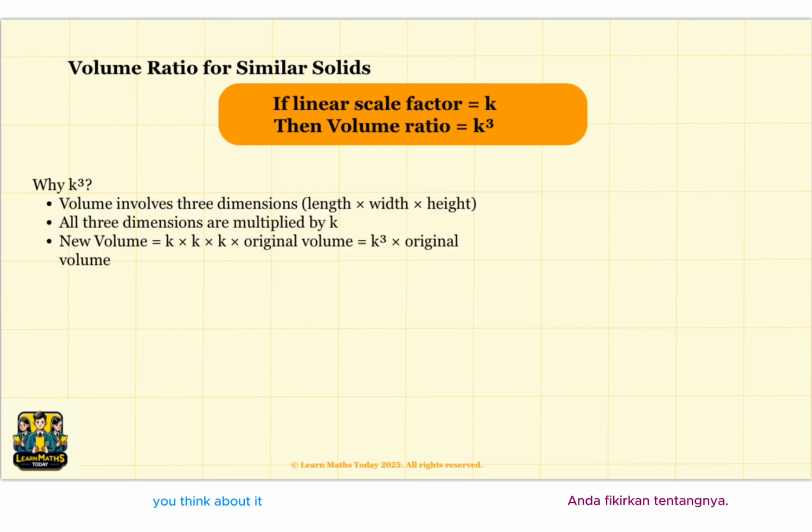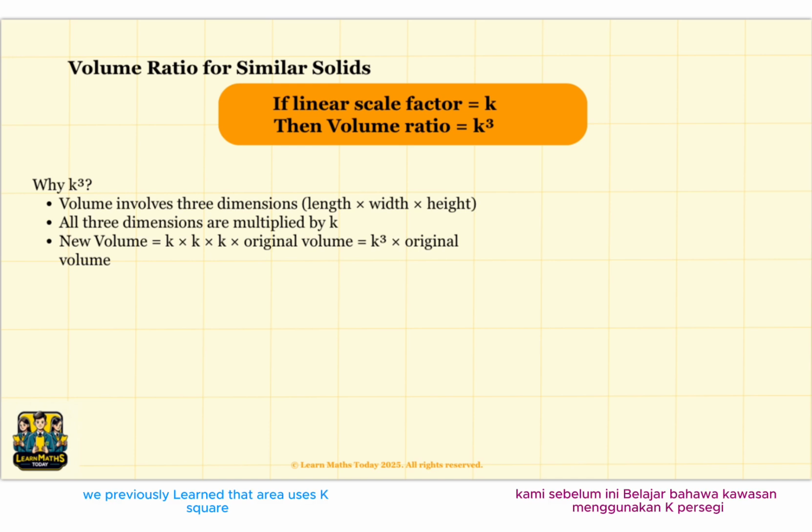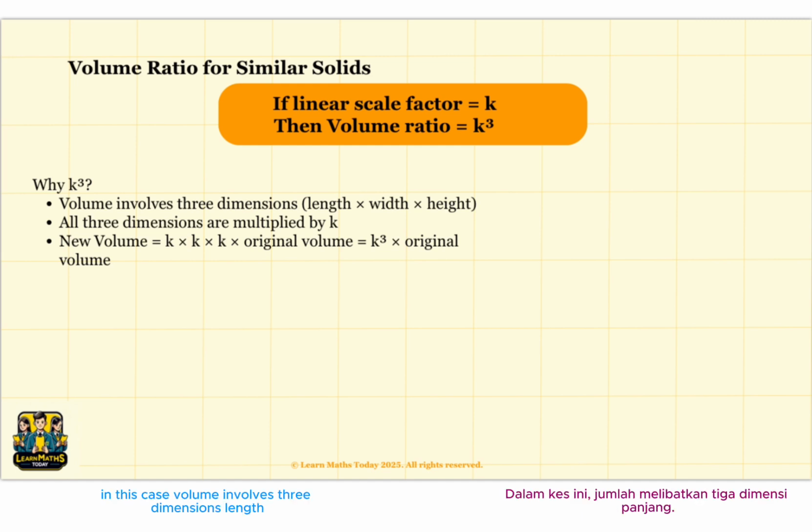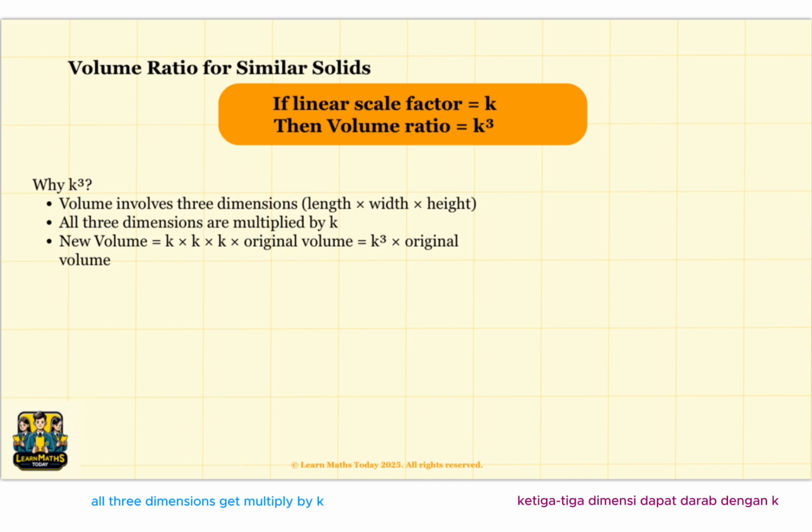Think about it. We previously learned that area uses k squared because area involves 2 dimensions, length and width. In this case, volume involves 3 dimensions: length, width, and height. So when we scale a 3D object by a factor k, all 3 dimensions get multiplied by k.